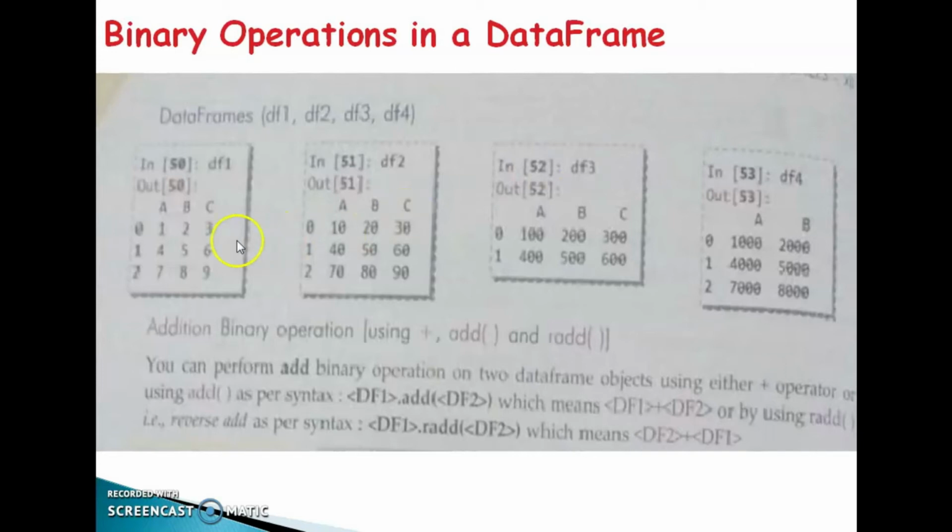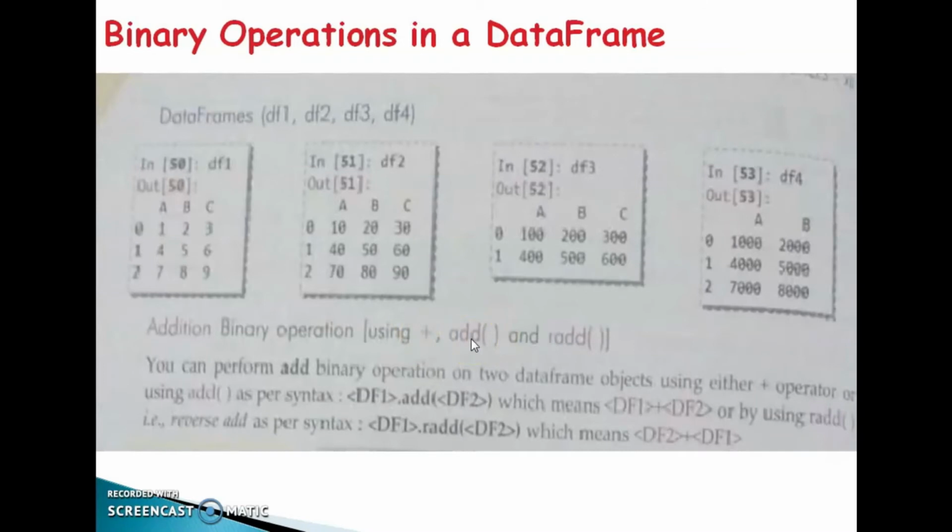Okay, consider this example. All of you write all these examples. These are all data frame objects. First one, addition binary operation by using the plus operator, add function, and radd function. Plus, you know about, to add 2 data frames.